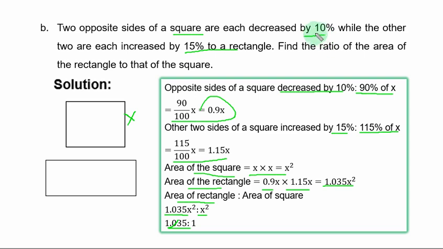Remember, the decrease and increase led to the rectangle. The side of the square is S, so the area becomes S squared. So this we calculated, and this we calculated are the sides of the rectangle that resulted.